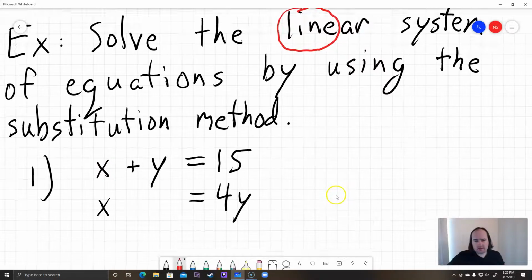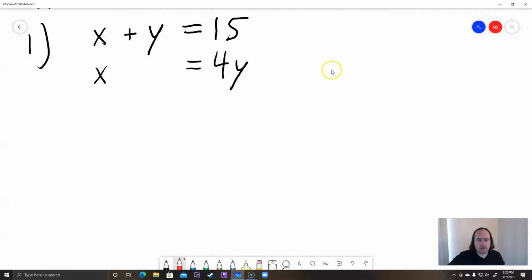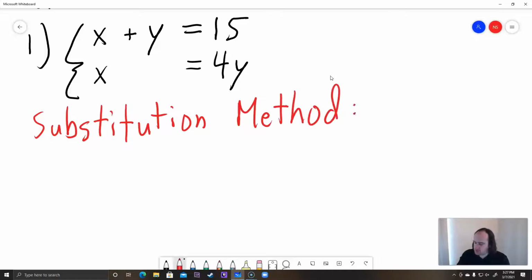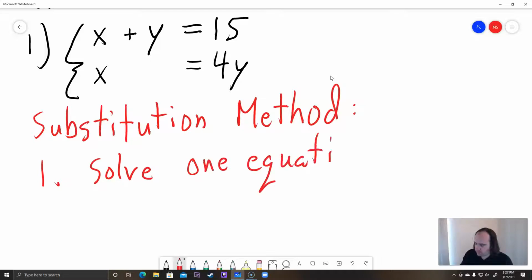Okay, substitution method. How does this work? You've got your two equations here. The first step of the substitution method is to solve one equation for one variable.